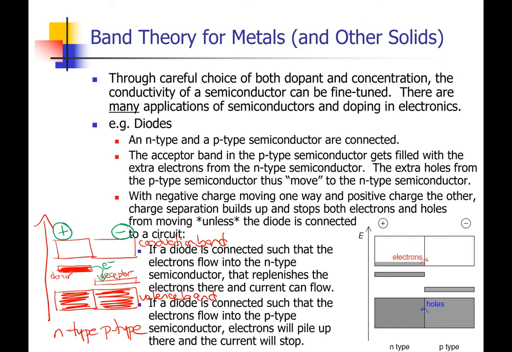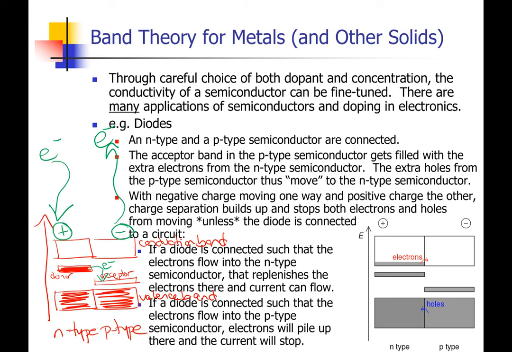If, on the other hand, you connect to an external circuit, whether or not anything happens is going to depend on which way round you put your diode in, because current can flow through this one way and not the other way. If you set up your circuit such that electrons are going to come in through the positive end and come out from the negative end, well, that's completely allowable.